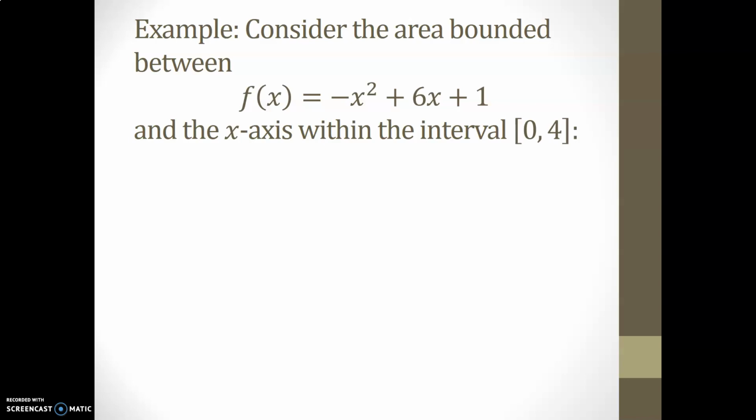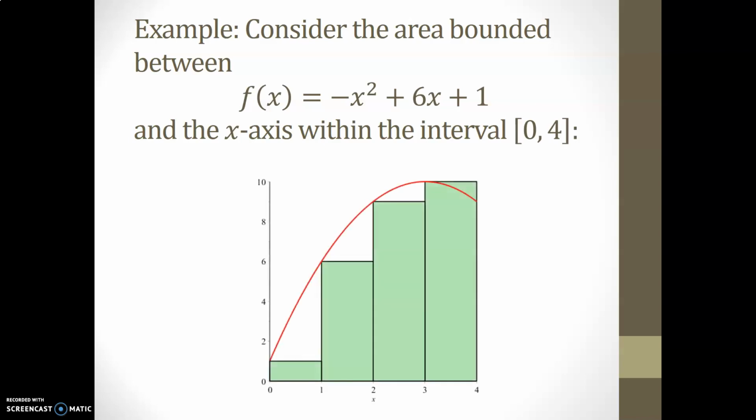So let's consider the area that's bounded between the parabola minus x squared plus 6x plus 1 and the x-axis within the interval 0 to 4. So here's a graph of the function that you see in red, and in our first approximation, I've chosen to use 4 rectangles. The 4 rectangles themselves have equal width, so all of the widths are 1.